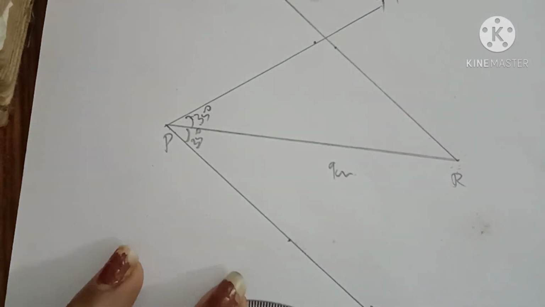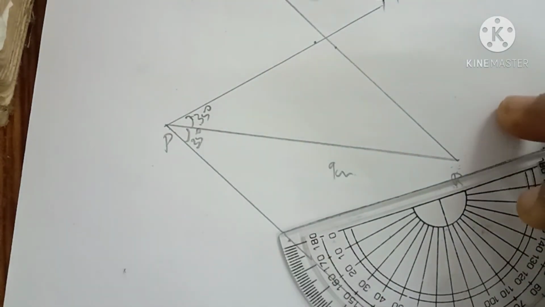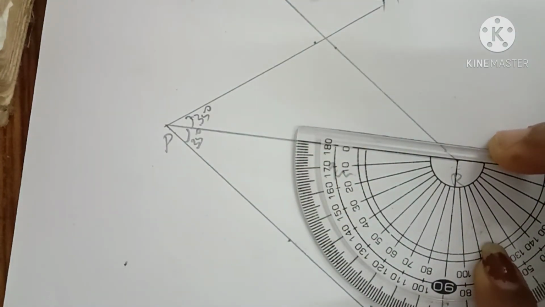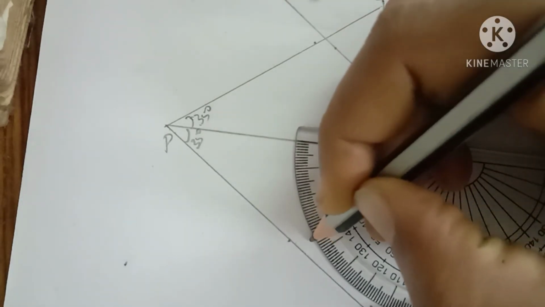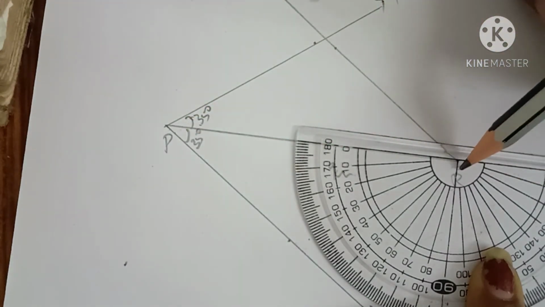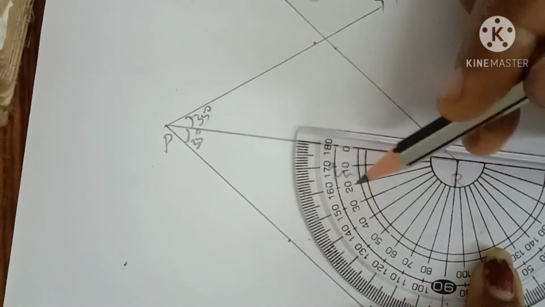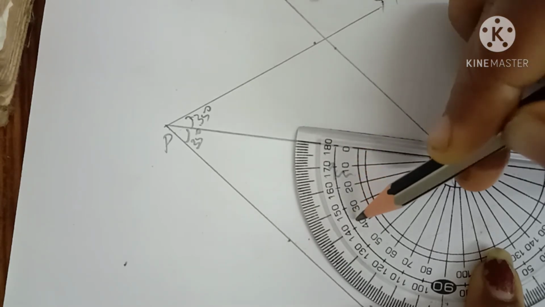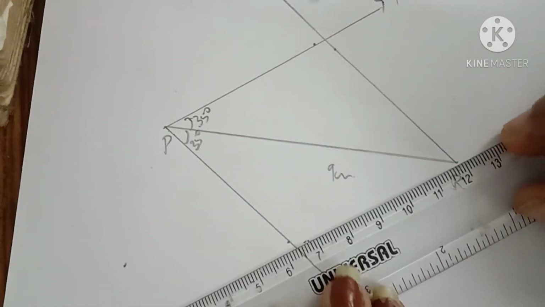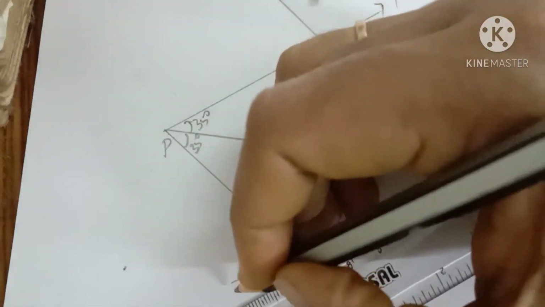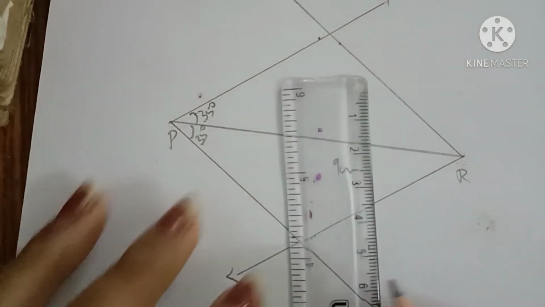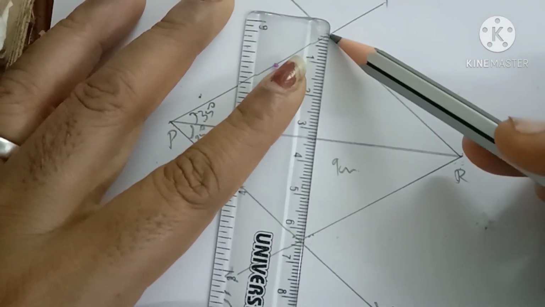Take either side of PR. Then again PRY is equal to 35 degree. 10, 20, 30, 35. Then measure the diagonal value.